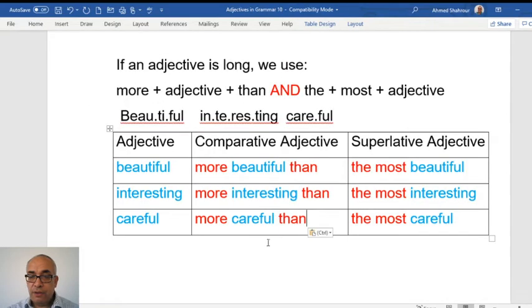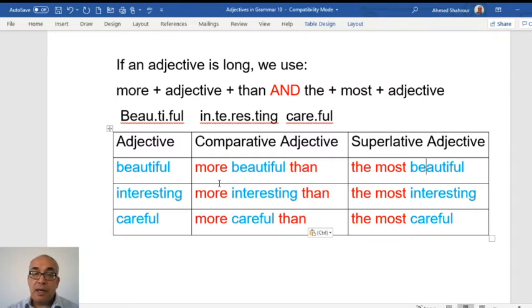Beautiful. The adjective is interesting. So anything blue, as I said, is the adjective, and then you have to put something after the adjective or before it. So beautiful, I put more before it and than. This one, more, can you see more? More, adjective, than; the, most, and then adjective.